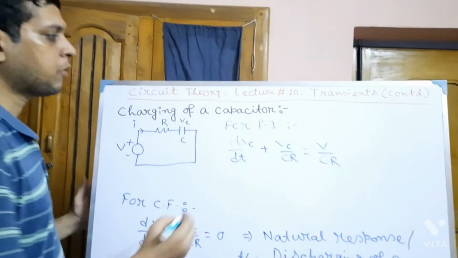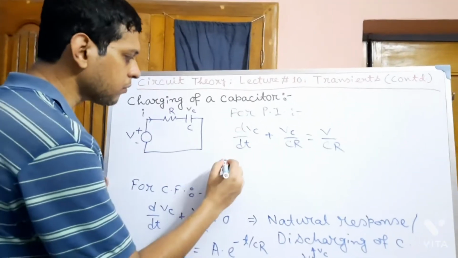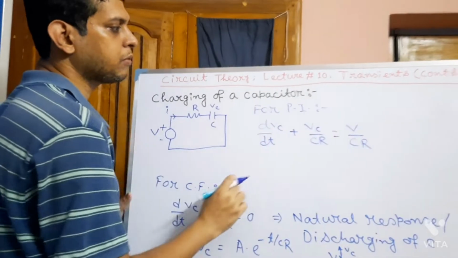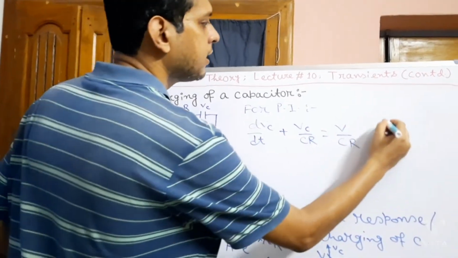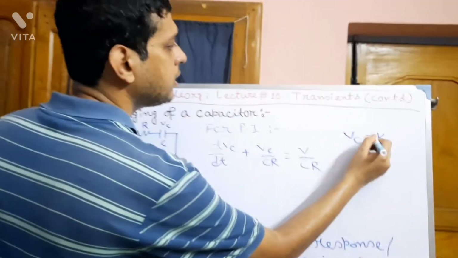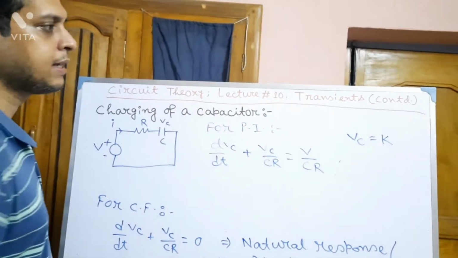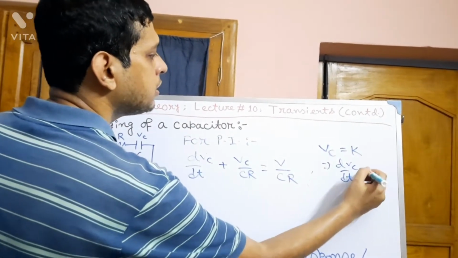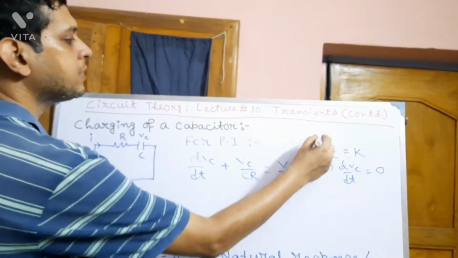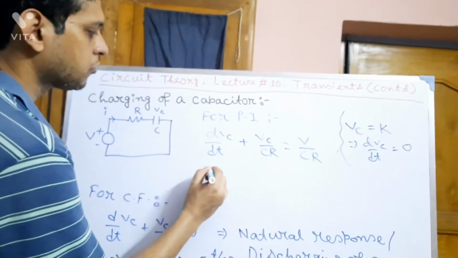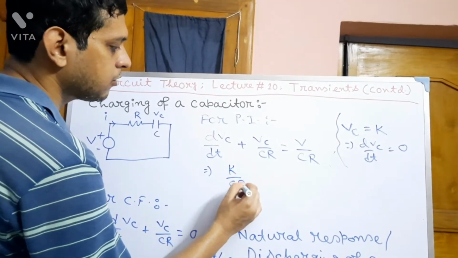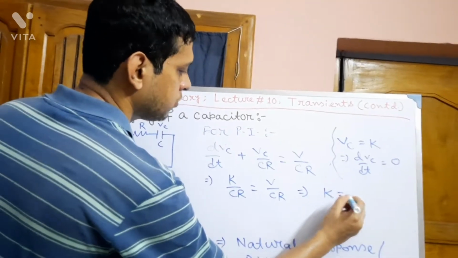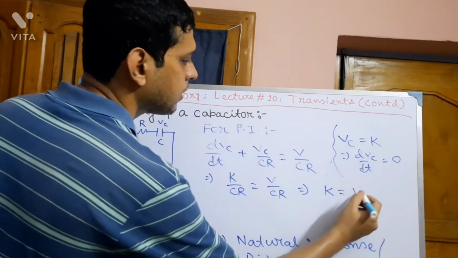From our previous discussion, you can recall that in order to solve this equation, we can imagine Vc as a constant, Vc as k. If Vc is a constant, then dVc/dt equals 0. So let us replace these two in this equation. So k by CR equals V by CR, or k equals V.